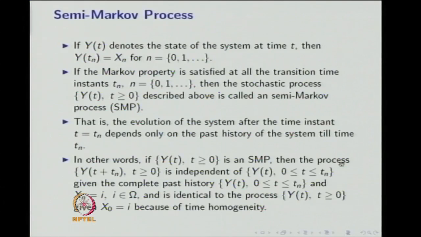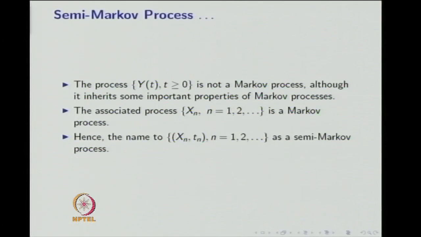The stochastic process Y of t is not a Markov process, although it inherits some important properties of Markov processes. The associated process, that is X of n, is a Markov process. Hence the name, X n comma T n, as a semi-Markov process.